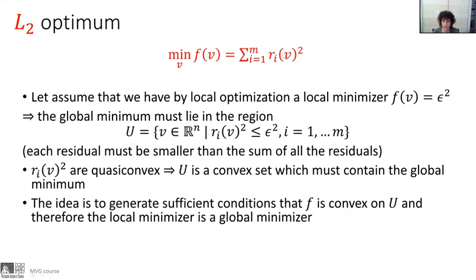F is the sum of the squared residuals. And if it's true, then I'm going to get a global minimizer. And the idea is that they take F, differentiate it, calculate the Hessian, analyze the Hessian, and arrive at a very complicated condition for having the global minimizer.